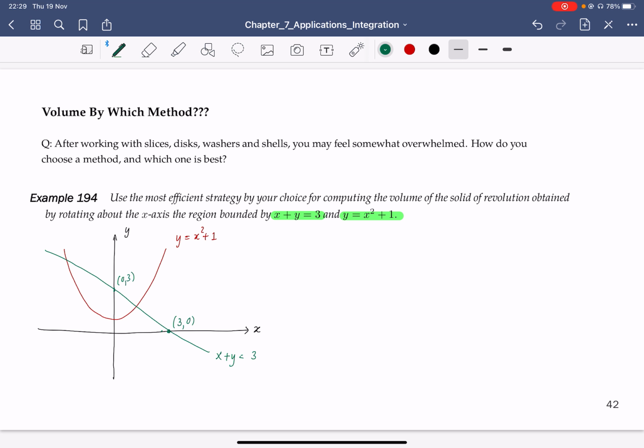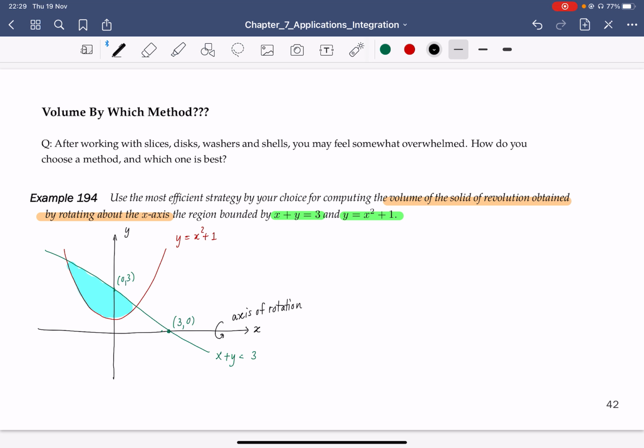Well, you can see that the bounded region is going to be the one that I just highlighted in light blue. So now the question is, we need to find the volume of the solid of revolution obtained by rotating this region about the x-axis. So that means our axis of rotation is going to be the x-axis.